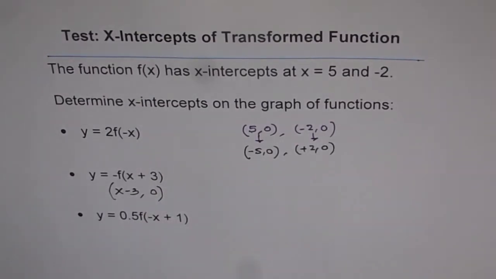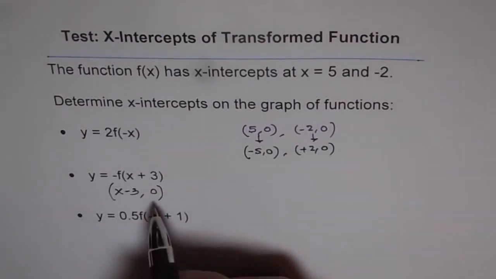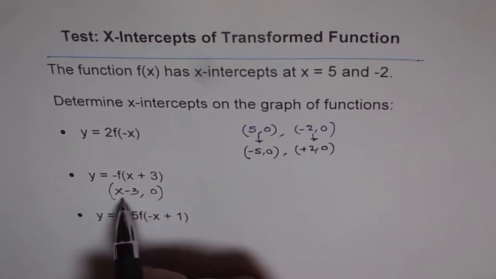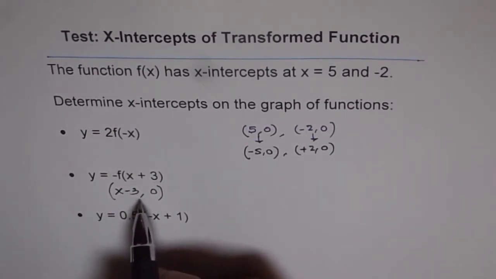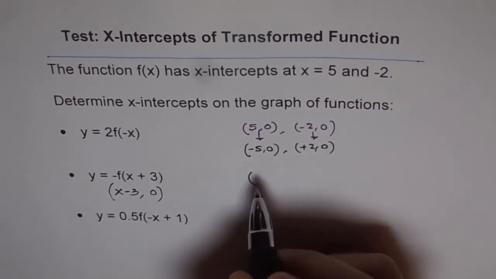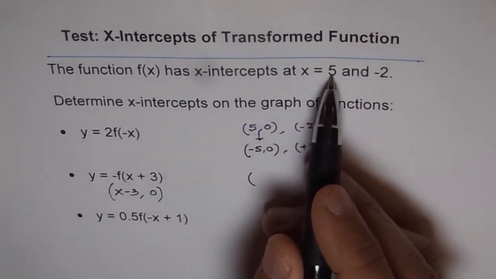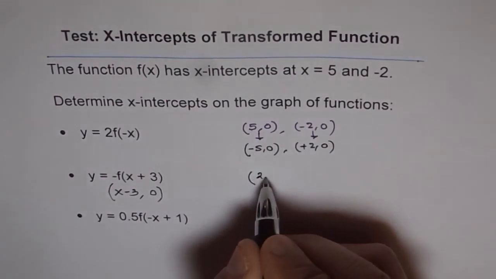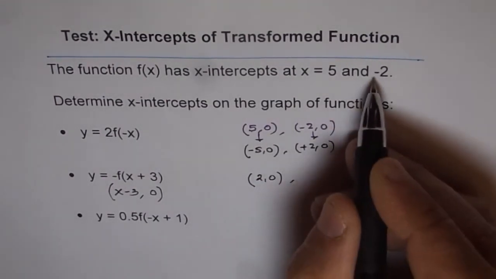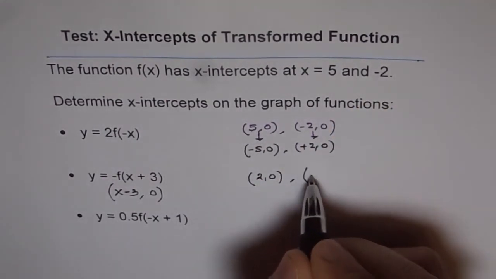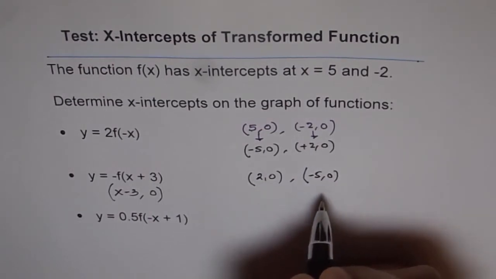For the x-intercepts, it will remain 0, but the x value will change. If you apply this transformation, you get your answer. So x is 5 here, 5 minus 3 is 2, so you get (2, 0), and this is minus 2, which becomes (minus 5, 0).